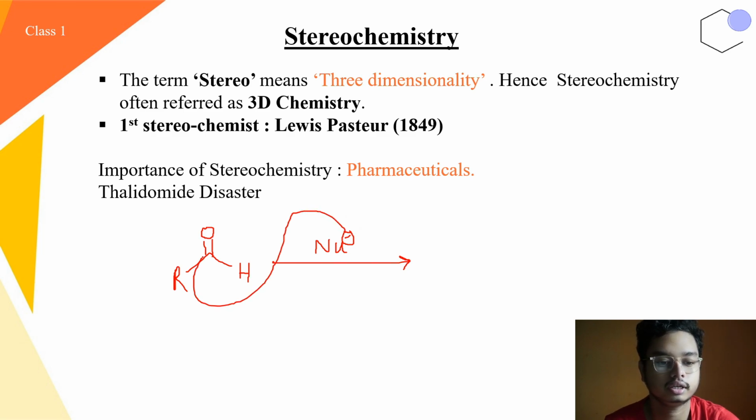If it is attacked here, this will go up, and after some proton abstraction, the final compound is something like this, with H and NuH.